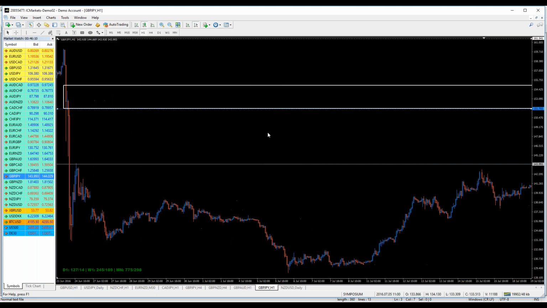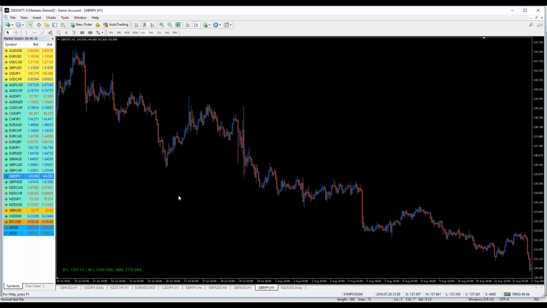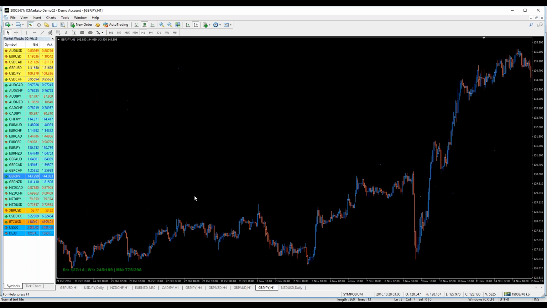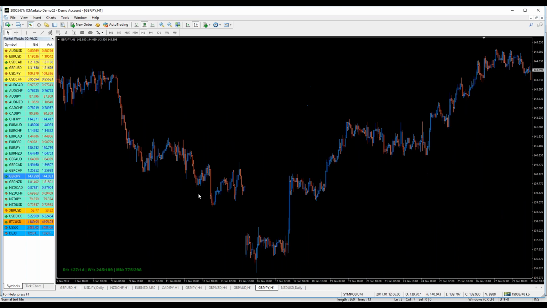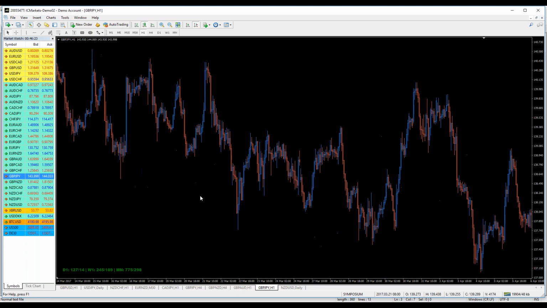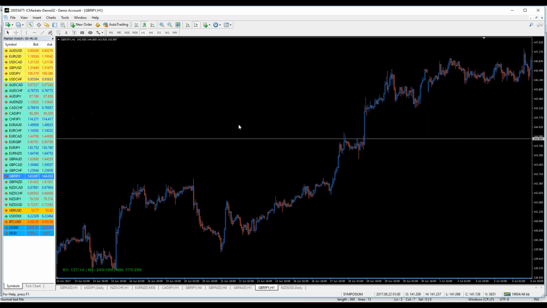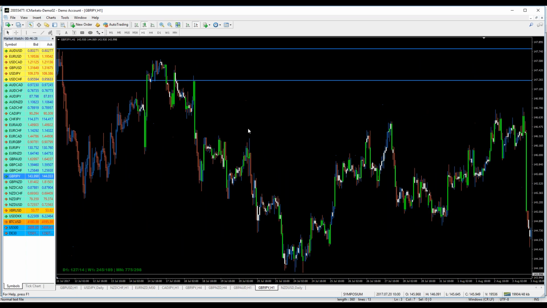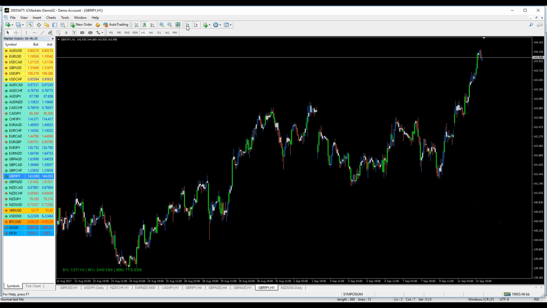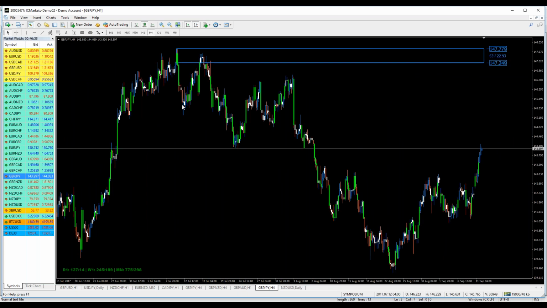And this one here, you can see that, it's funny, price is testing the high now, where price came back to now. So let's have a look and see what it looks like. You can see price is kind of feeding into that now.